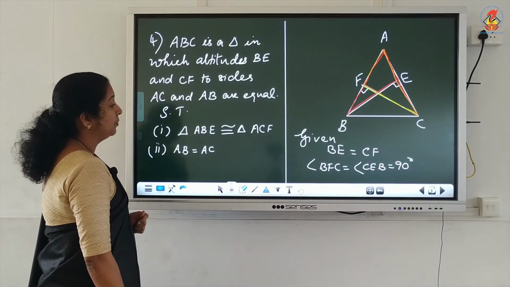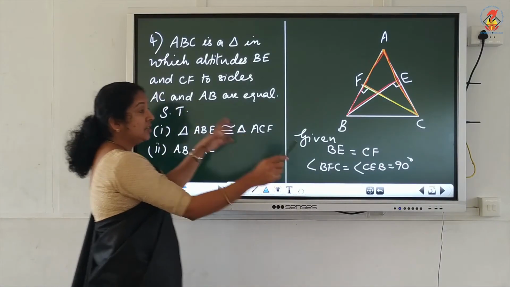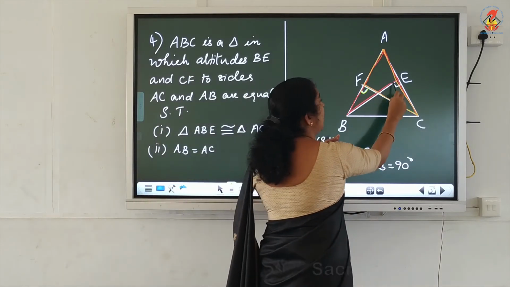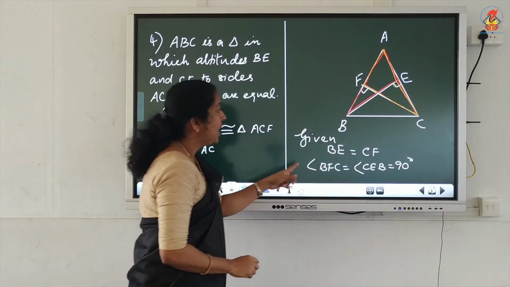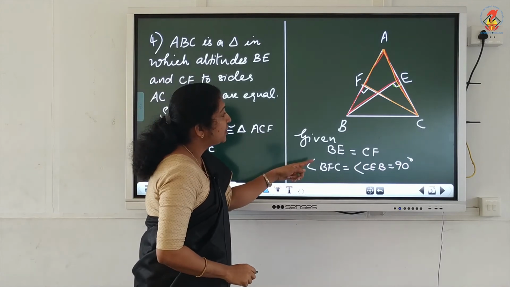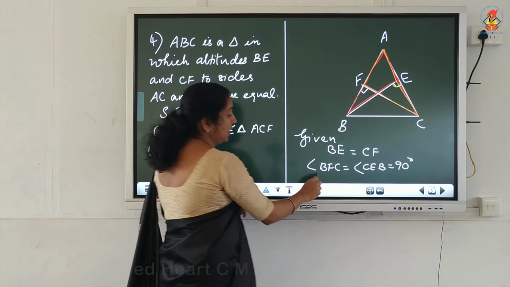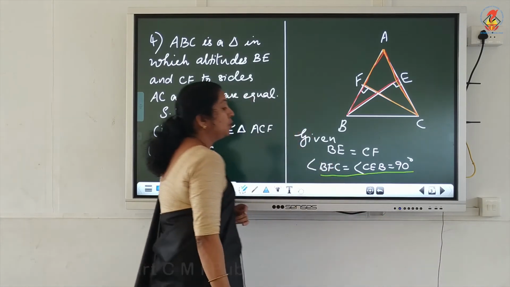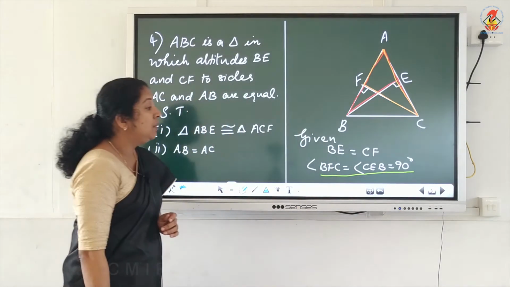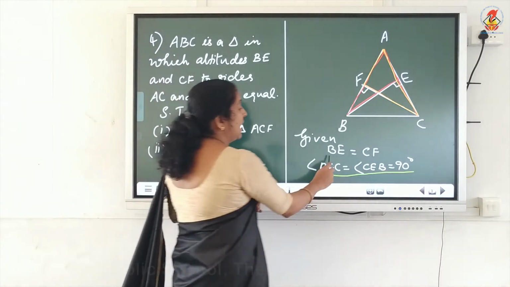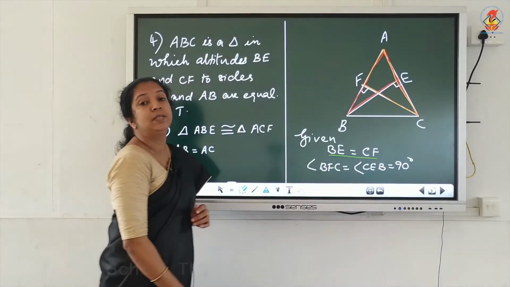What we have to prove. And what else is given? Since it is an altitude, these two angles are 90 degrees. So angle BFC is equal to angle CEB is equal to 90 degrees, and BE is equal to CF.